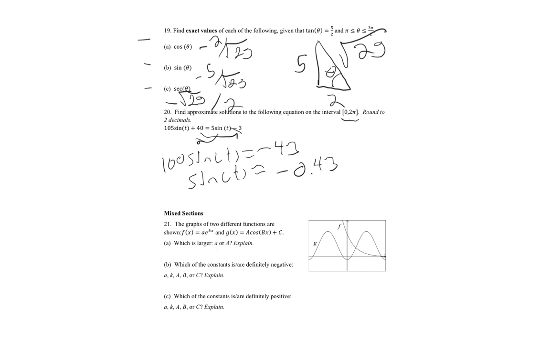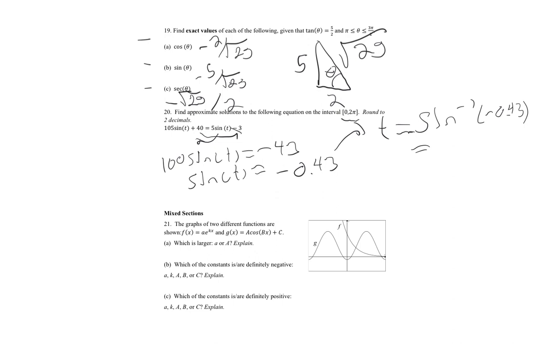So I'm going to go over to my calculator, and I'm going to say t is arc sine, or sine inverse, of negative 0.43. Let me type that in.